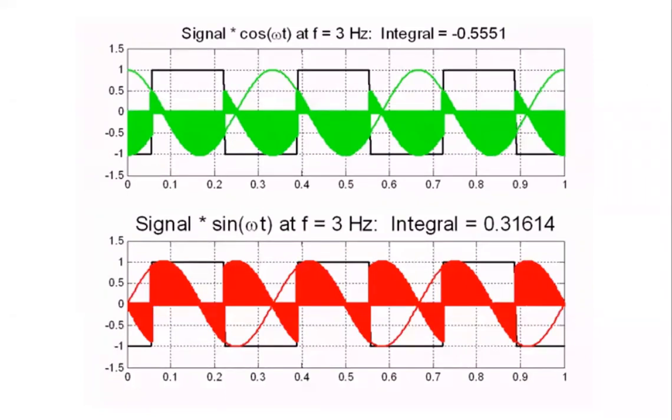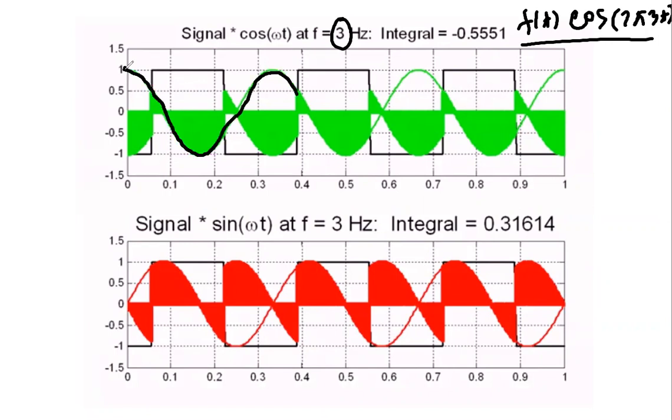So step number 1, we have our f(t) multiplied with cos 2 pi, what should be the frequency? Any frequency. Let's try it with 3 hertz, just arbitrarily, we are putting 3 and t. So we have that cos signal plotted in the time domain. And the second step is you need to multiply.